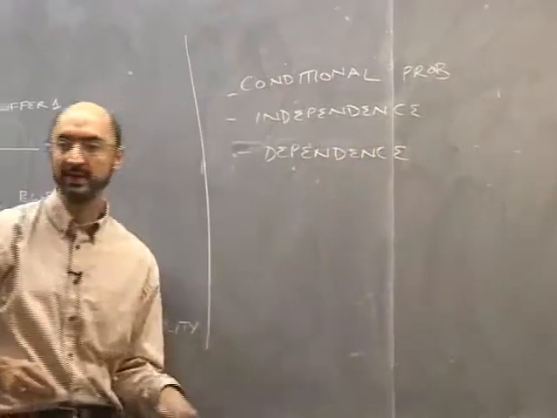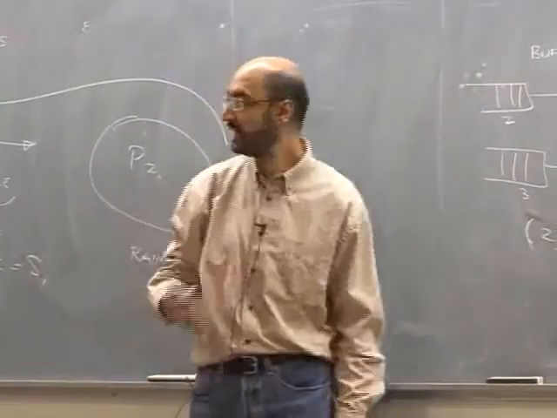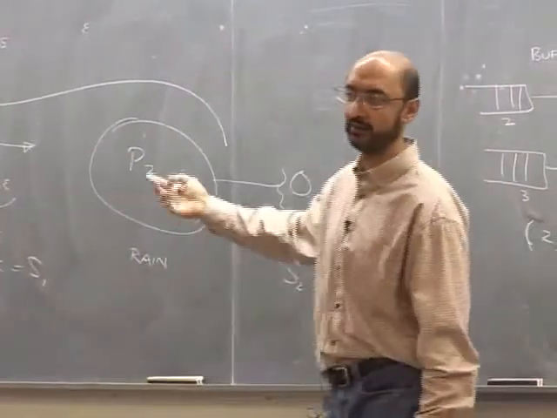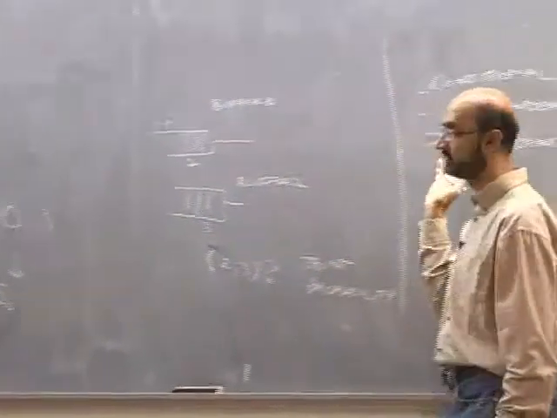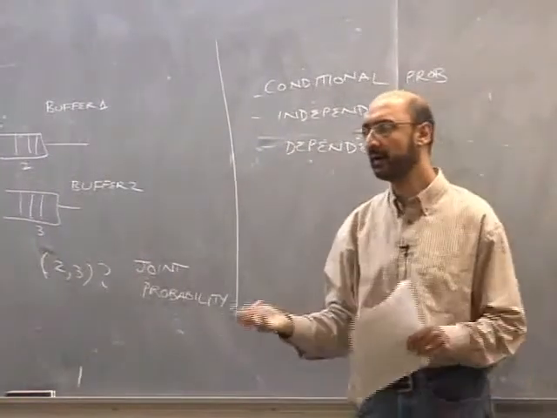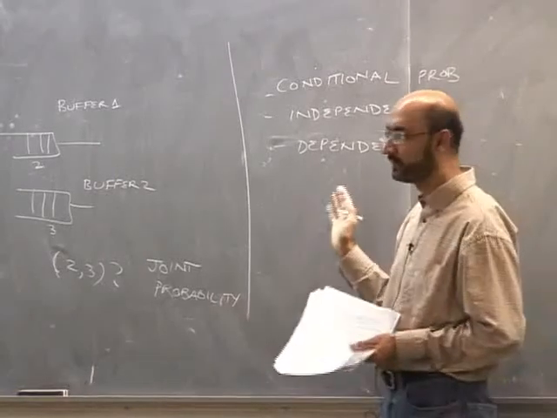And it's important to realize that these concepts arise only when we have joint processes. Okay, we don't really have any notion of independence and conditional probability, etc., unless we have joint processes. So this is very important to realize.